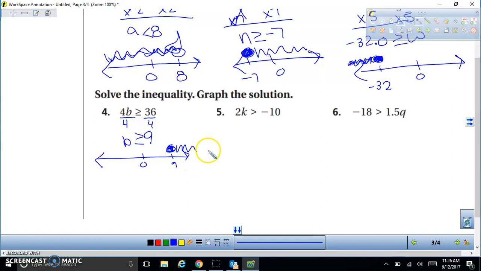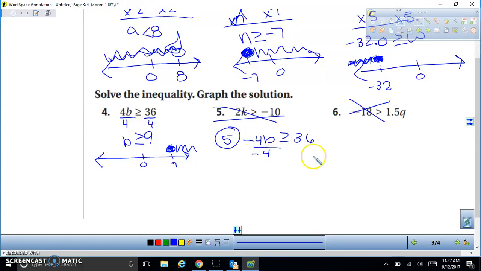Alright, we're going to skip example 5 and example 6 and I'm going to show you the difference of when it's positive and negative. If we had negative 4b is greater than or equal to 36, we would still divide by 4, but this time it would be a negative 4. Here's case 2, negative 4, and we would have to flip our sign.